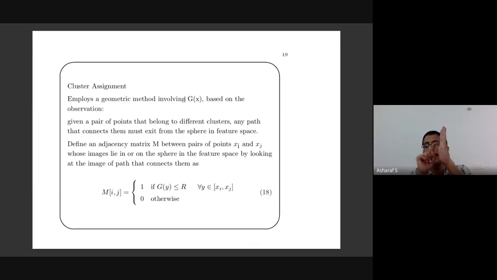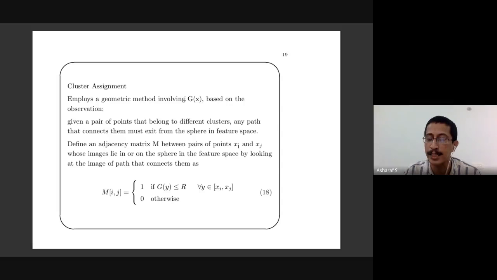So if the line connecting xi and xj has a point at a distance of R, which hits the boundary, then if we had all these points in the data set, some of them would have hit the boundary marking the clusters. This in turn says that these two points cannot belong to the same cluster. Right? That's being applied here.